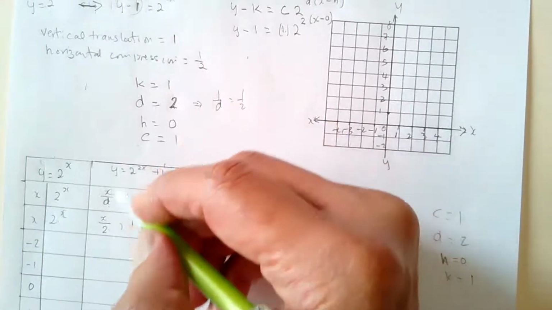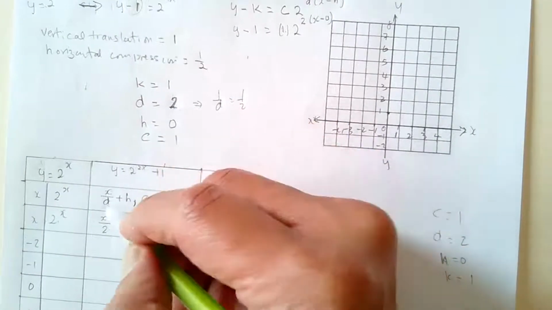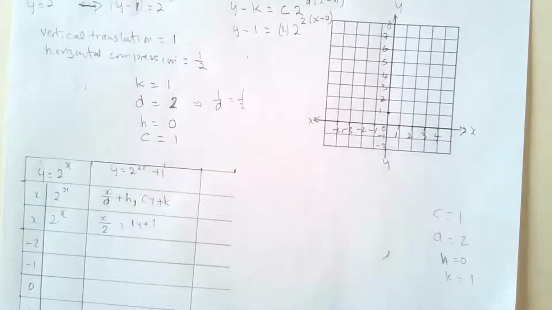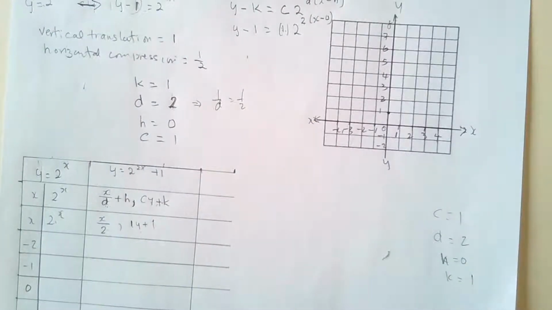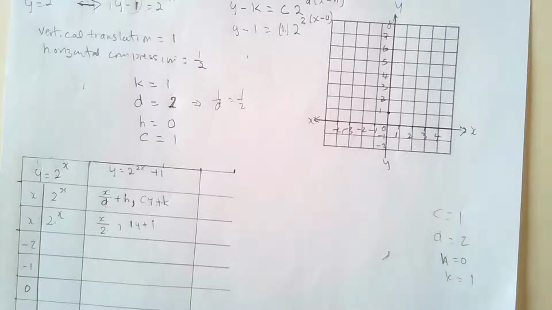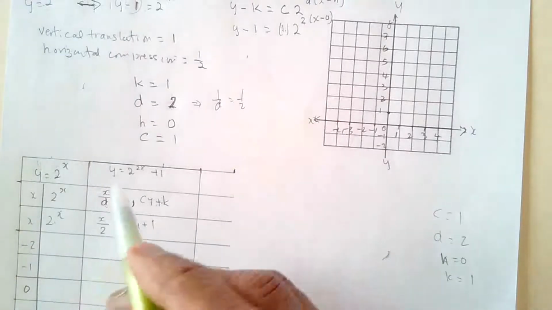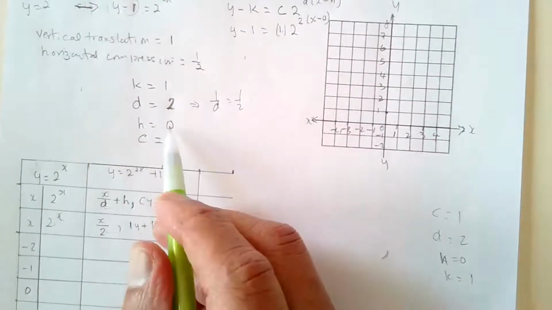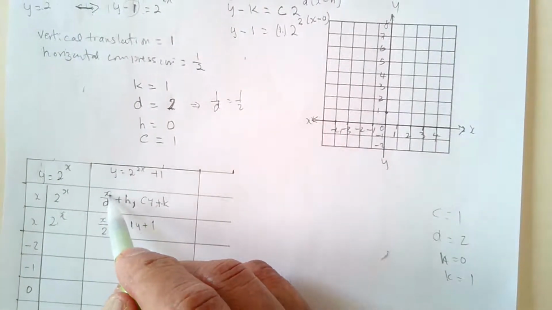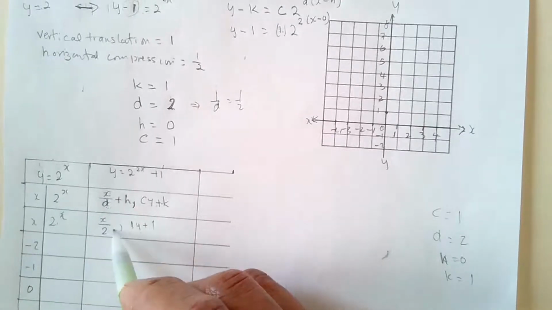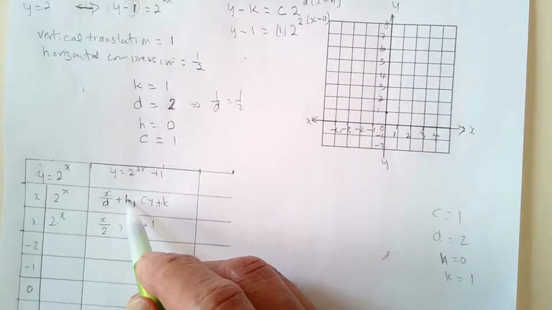So now I substitute the values into my given corresponding transformation. Now, when there's no h, we have x over 2 plus 0, so that's why I'm left with x over 2, because h is 0.